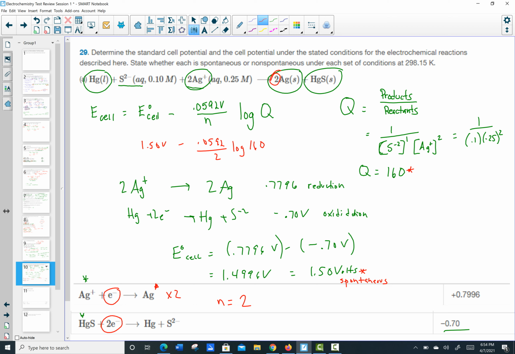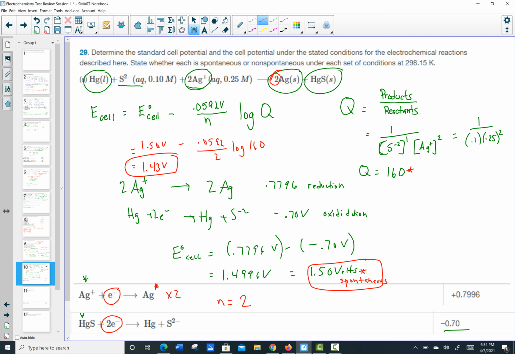Well, let's hit this just so we have a final answer. 1.50 minus 0.0592 over 2 times the log of 160. My screen is reading 1.43 volts.